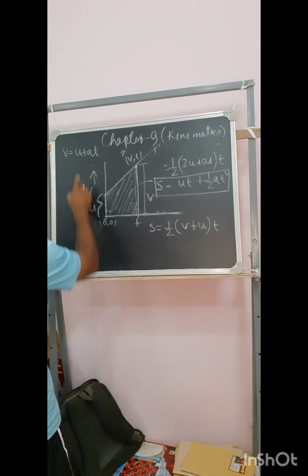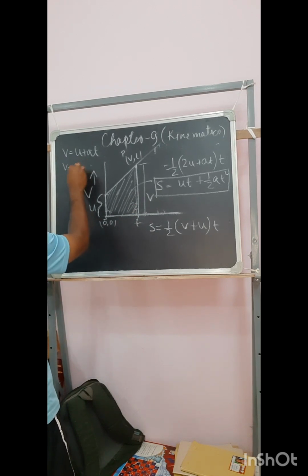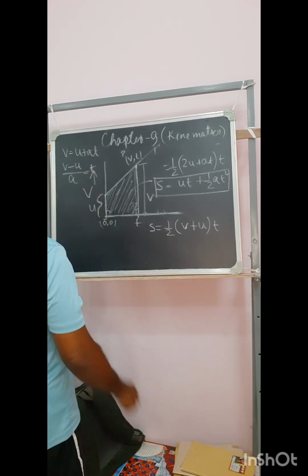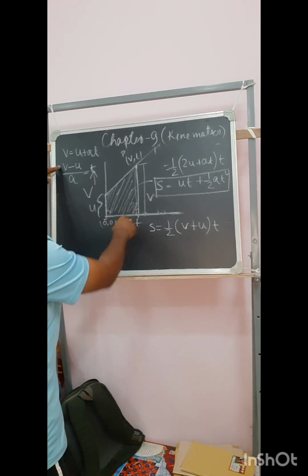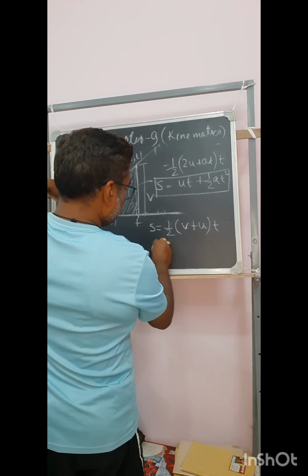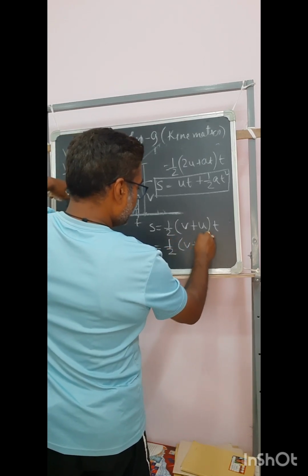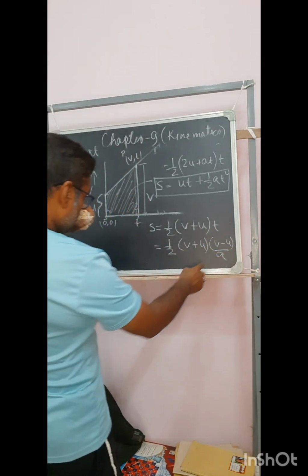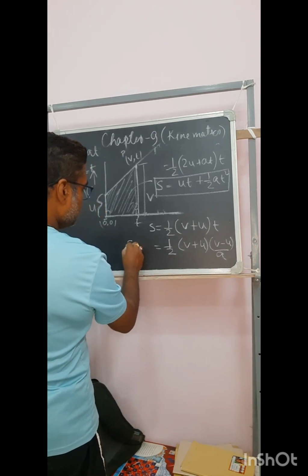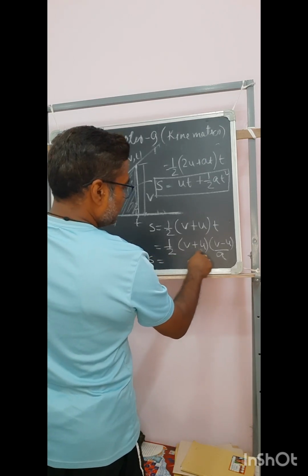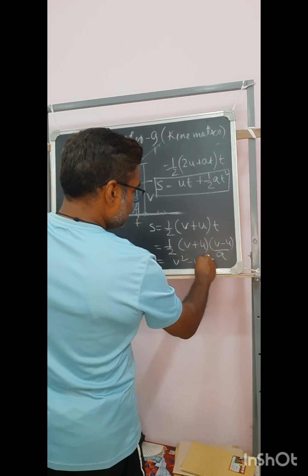Now you know from the first equation of motion, this is again T equals V minus U by A. If I want to get T out of here, the time needed to get final velocity V from an initial velocity U with a constant acceleration A is V minus U by A. So if I replace it here, V minus U upon A, this 2S I can bring this side, so this will become 2AS equal to V square minus U square.